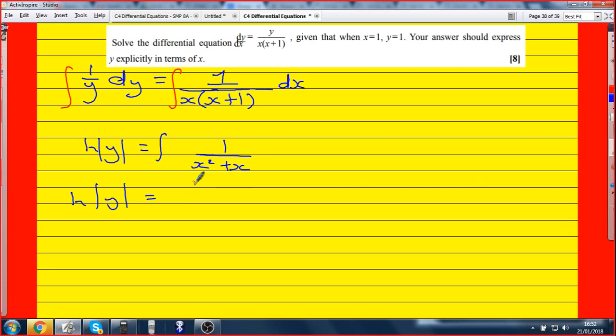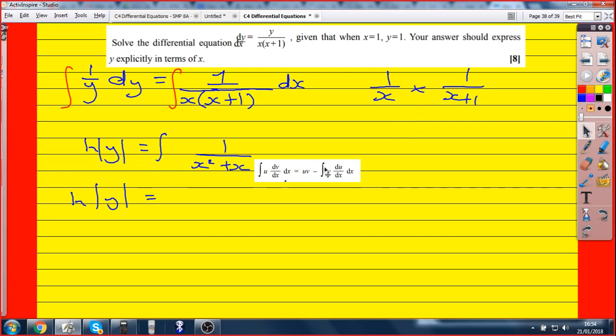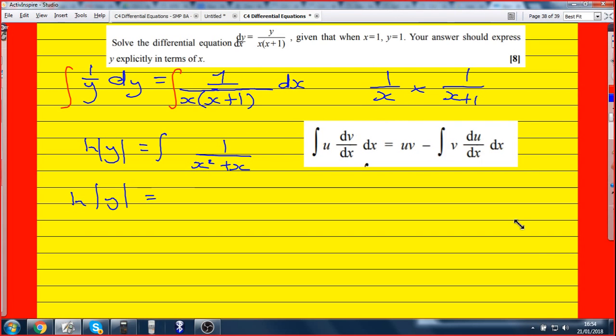No. Can't do that. I suppose you could do it as two things multiplied: 1 over x times 1 over x plus 1. Yes, that would work. Do you know how you would do that? So that there, how would you do that?